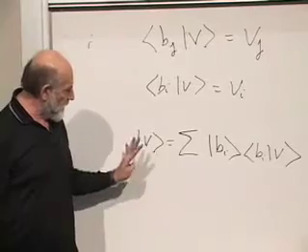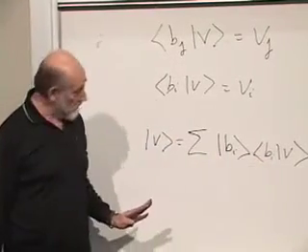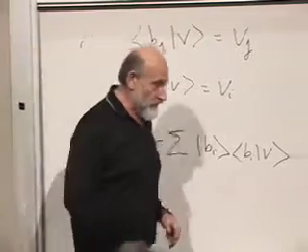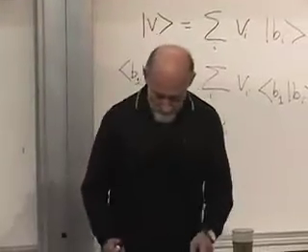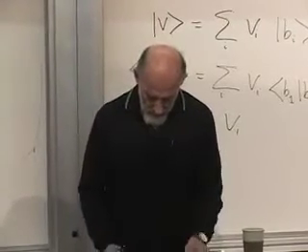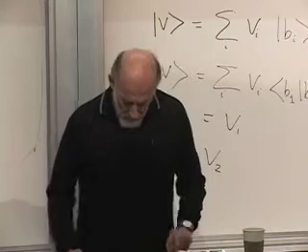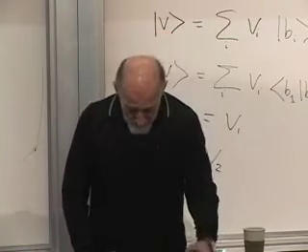But this is a formula for any vector if you know its inner product with the basis vectors. Okay, so that's a useful formula, which we will draw on over and over again.